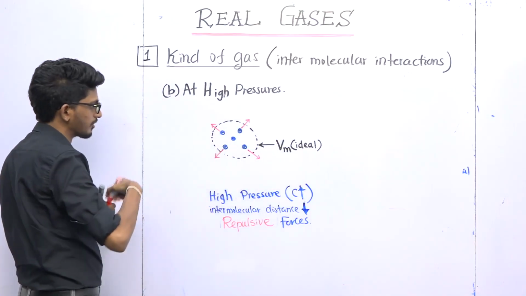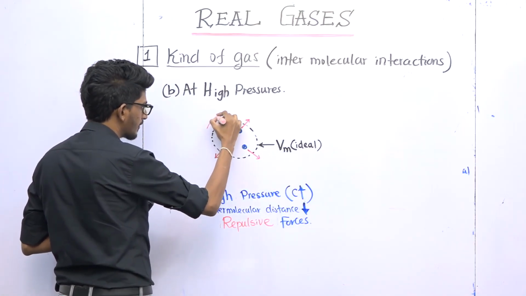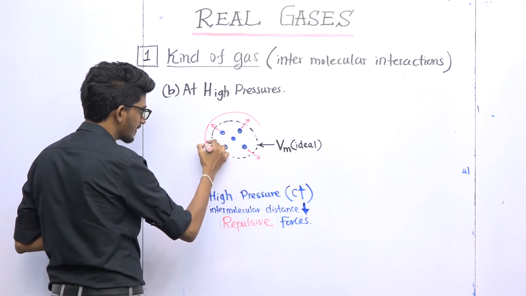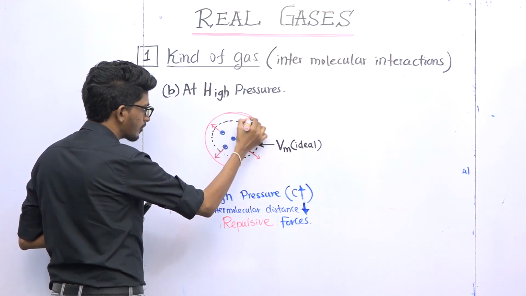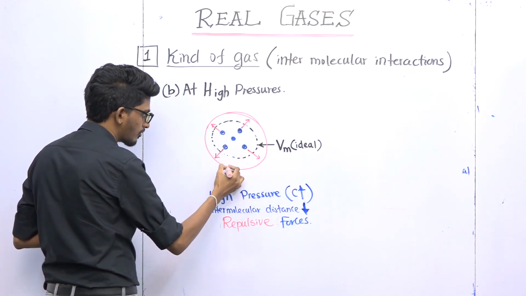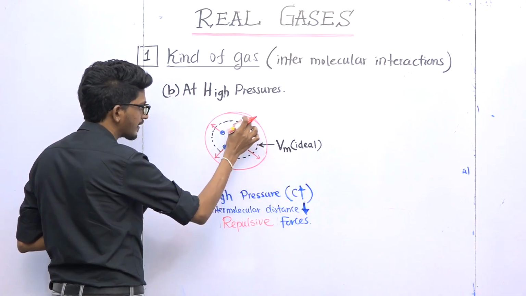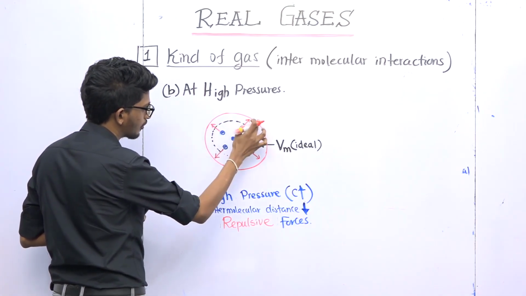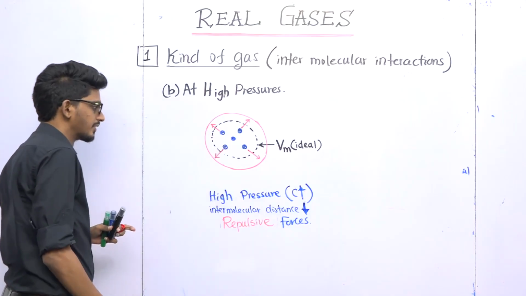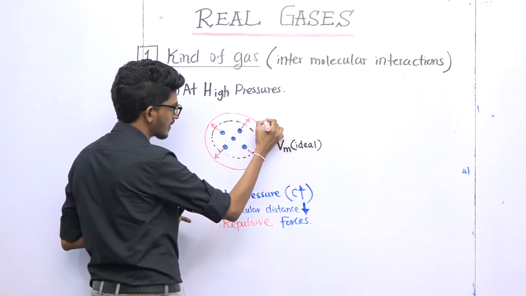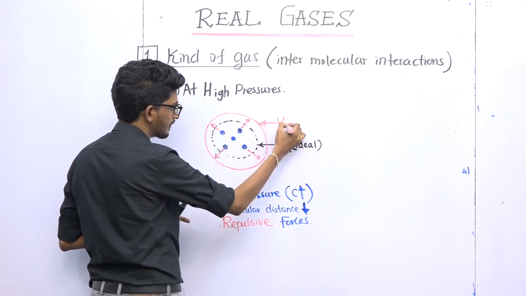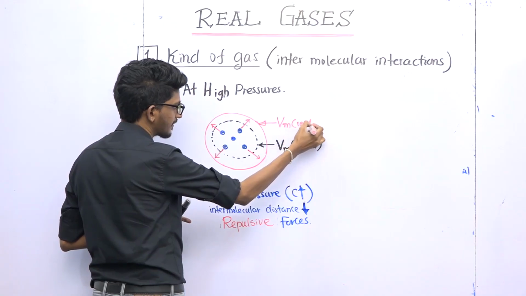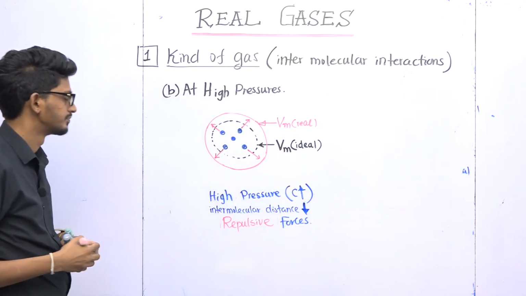So with these repulsive forces, the volume of 1 mole of gas molecules would be like this. This is the molar volume of the real gas.